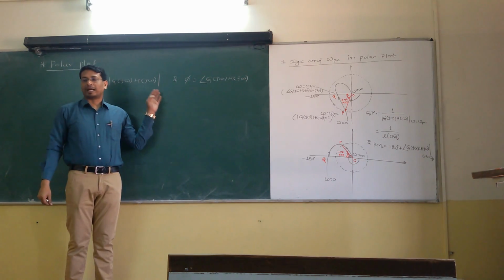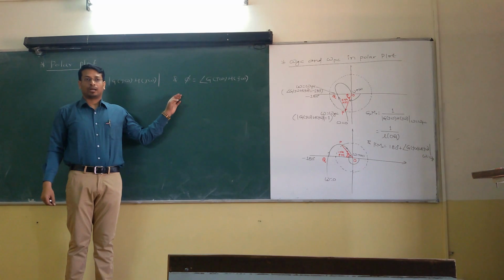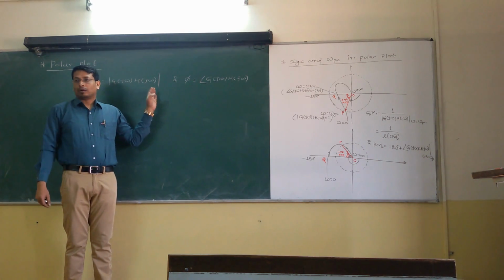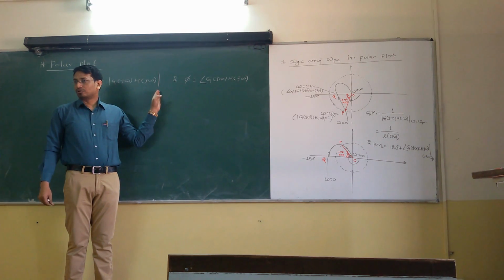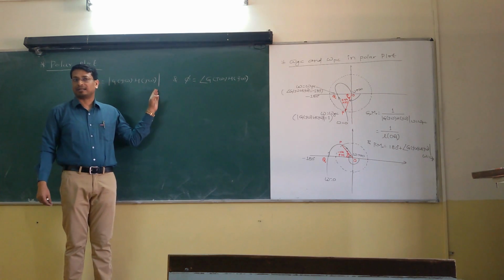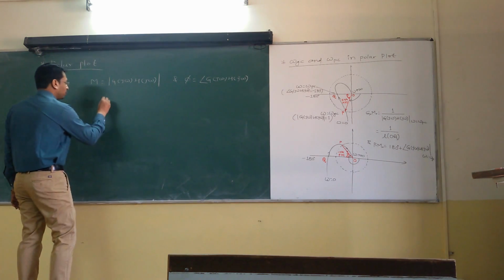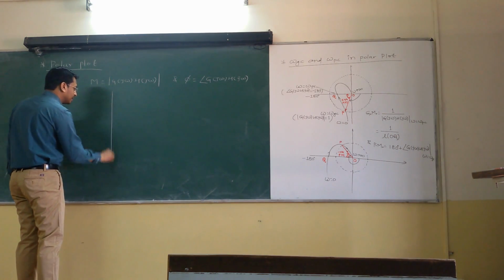We have also plotted magnitude and angle in our Bode plot, but here, rather than taking the semi-log sheet, we will plot it directly. Okay, so we will have to make a table like this.